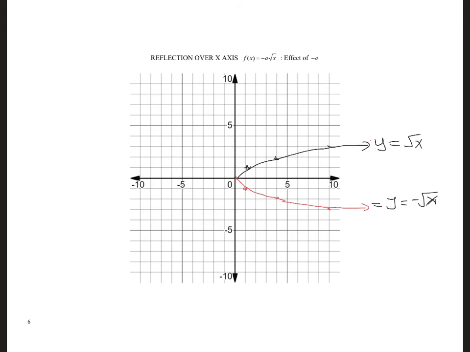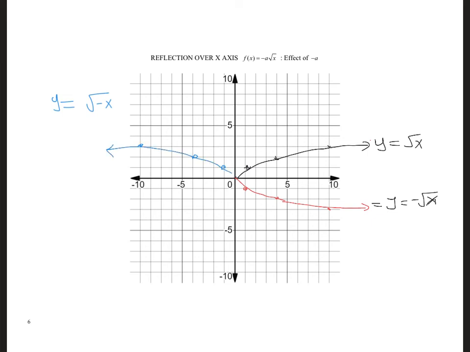But while I'm still here, remember this is a reflection over the x-axis. What about if you're given y is equals to square root of negative x? Remember here, we shall be reflecting every x value across the y-axis, so multiplying it by negative 1. 1, 2, 3, 4, and then this is going to be 1, 2, 3, and then you just connect the points.